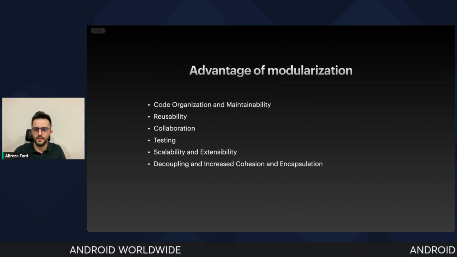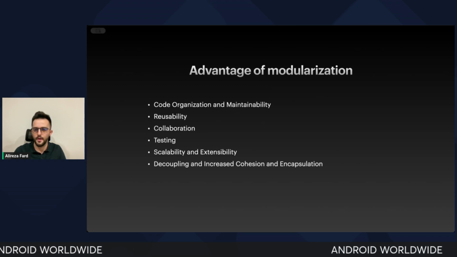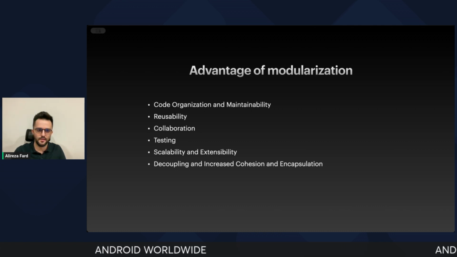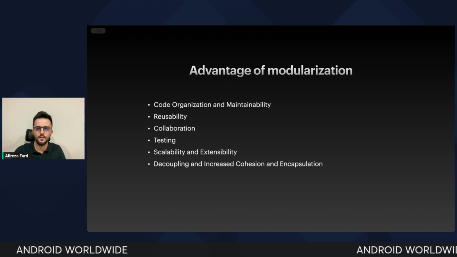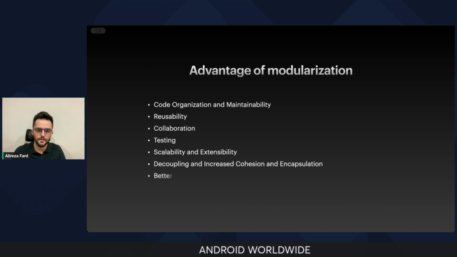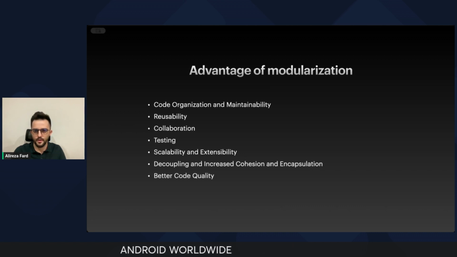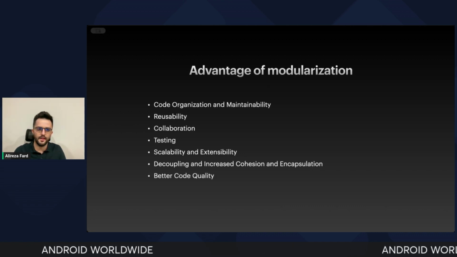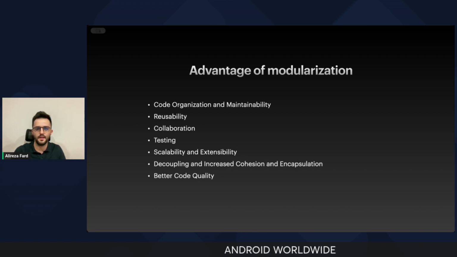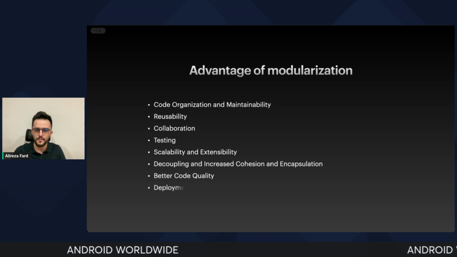And decoupling, based on one of the famous principles in the world, SOLID. Decoupling is important if you want to have maintainable code. Also, if your code is decoupled and encapsulated in a small number of functions and classes, you have better code quality.